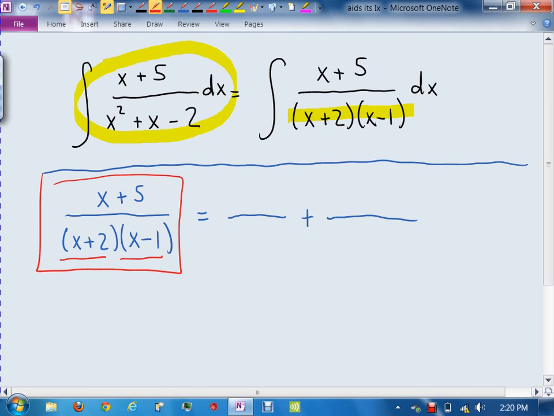Then we should be able to break that up into two fractions being added together, where the x plus 2 is the denominator here and the x minus 1 is the denominator here. The question is, what goes on top? It turns out they will be numbers, but we have to figure out what they are. So we don't put question marks there. We want to put A and B, capital A, capital B.